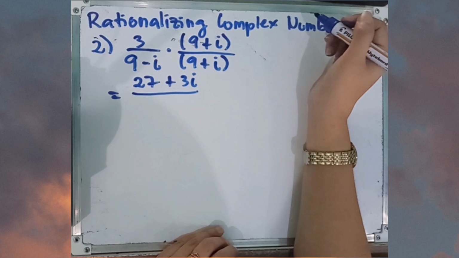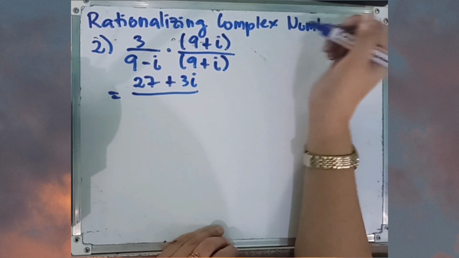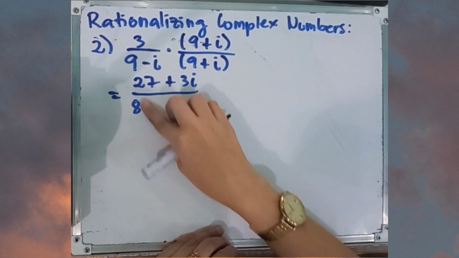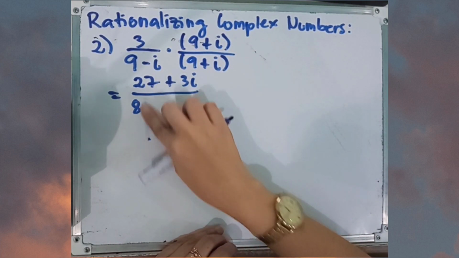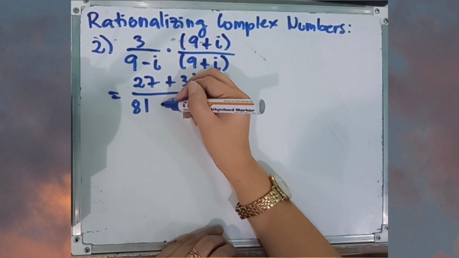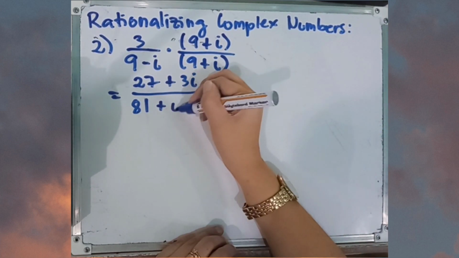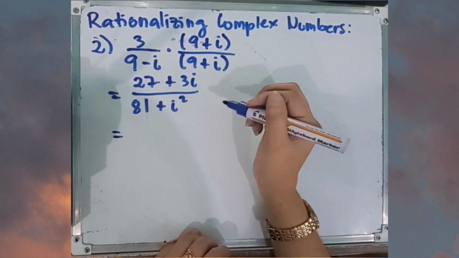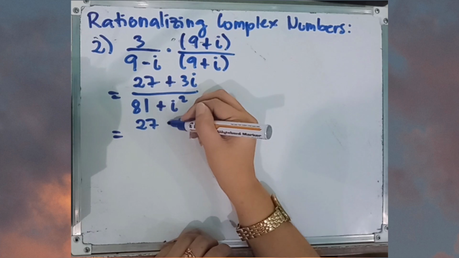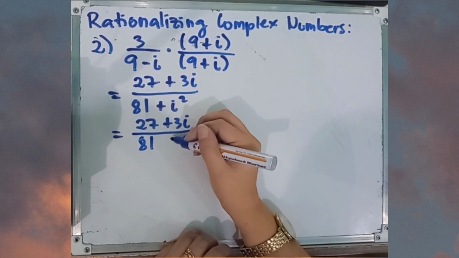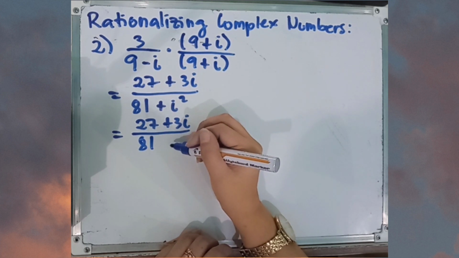And again, rule for the product of conjugates, simply square the first term. That's 81, because 9 squared is 81, plus i squared. And i squared, if we simplify, it's 27 plus 3i over 81 minus 1, correct?